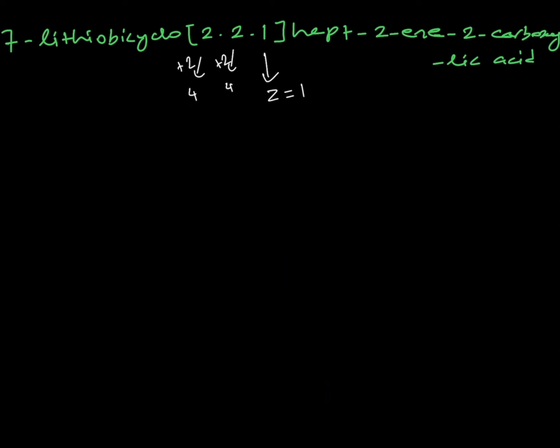So the structure is going to be like this, the basic skeleton. Okay, numbering starts from here, and then at 2 position we have an alkene, and at 2 position we also have a carboxylic acid.